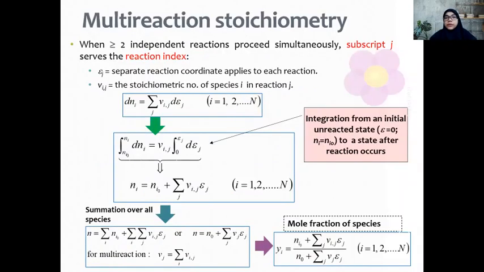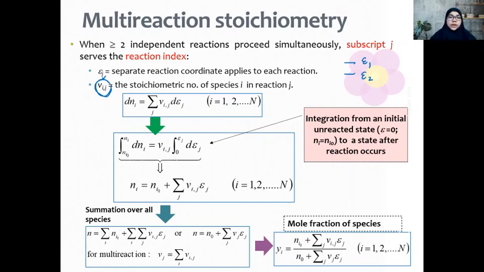How about multiple reaction stoichiometry? Multiple reactions means we have more than one independent reaction proceeding simultaneously. We introduce the same symbol for the reaction coordinate, but we insert j to represent the reaction number, and the same goes for the stoichiometric number. That means if we have, for example, 2 reactions, then j indexes the reaction coordinate for reaction 1 and the reaction coordinate for reaction 2. The same goes for the stoichiometric number.